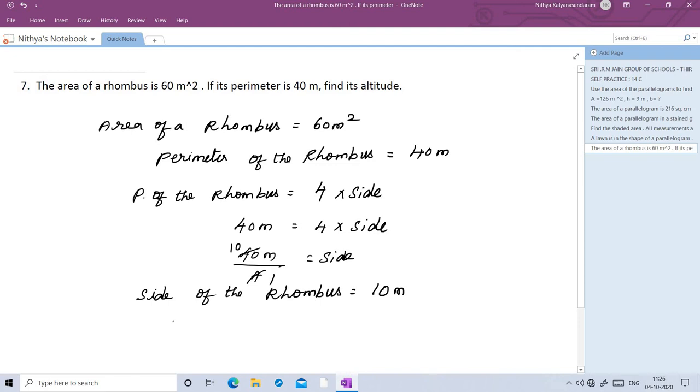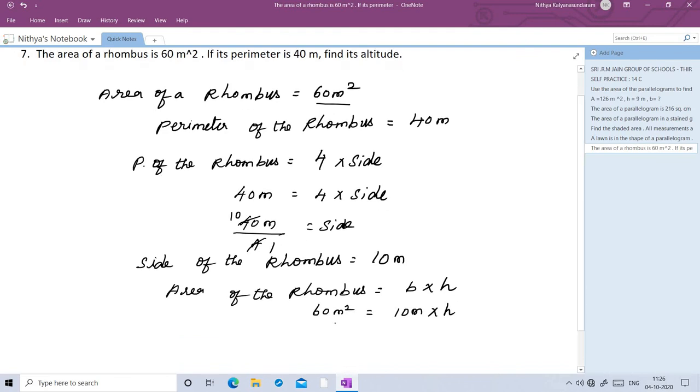We want to find the height of the rhombus, that means the altitude. The area of the rhombus formula is base into height. The area of the rhombus is already given as 60 square meters. So 60 square meters is equal to the base, that is the side of the rhombus, 10 meters, into the altitude. The 10, coming to this side, should be division.